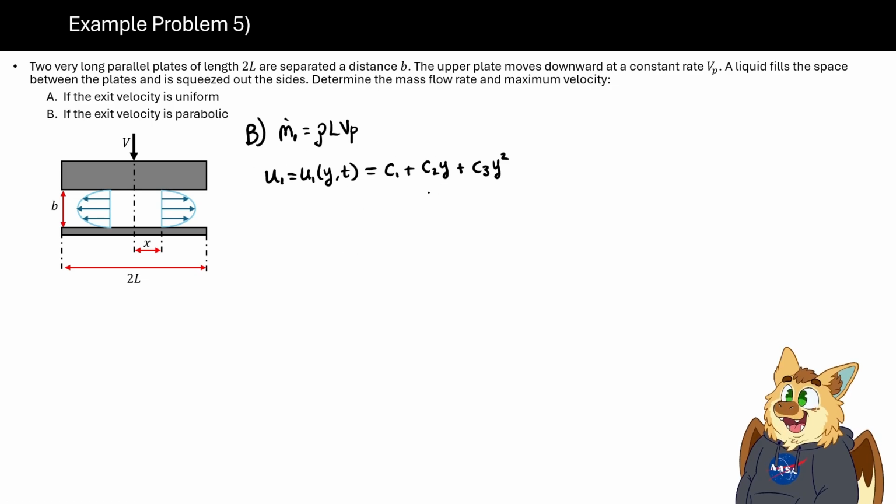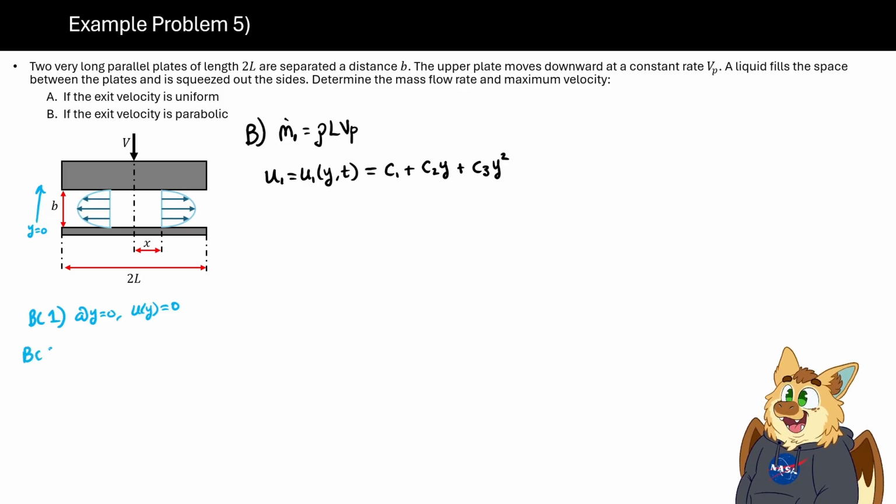So we have these constants here, and we have to use boundary conditions to solve for them. I'm going to write the boundary conditions down here in a different color. Boundary condition 1: at y equals 0, assuming that y is going up here, our velocity u of y is going to be equal to 0 because of the no slip condition.